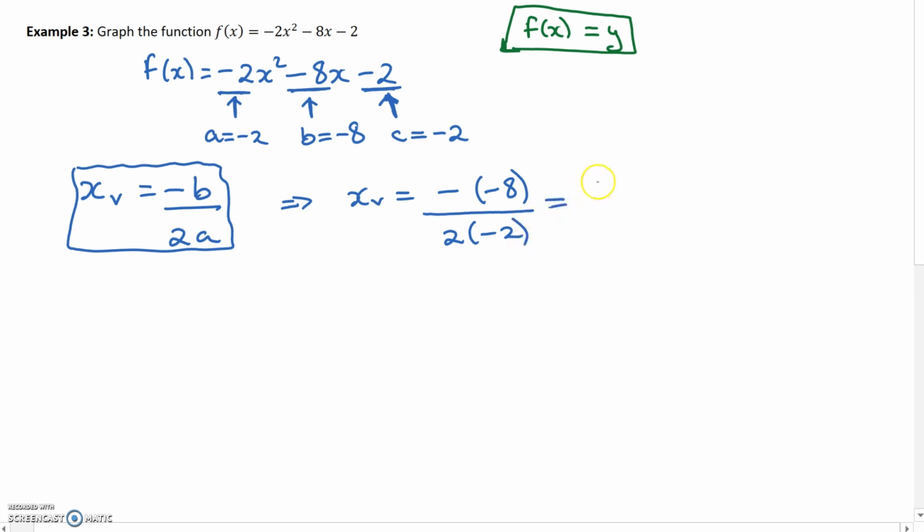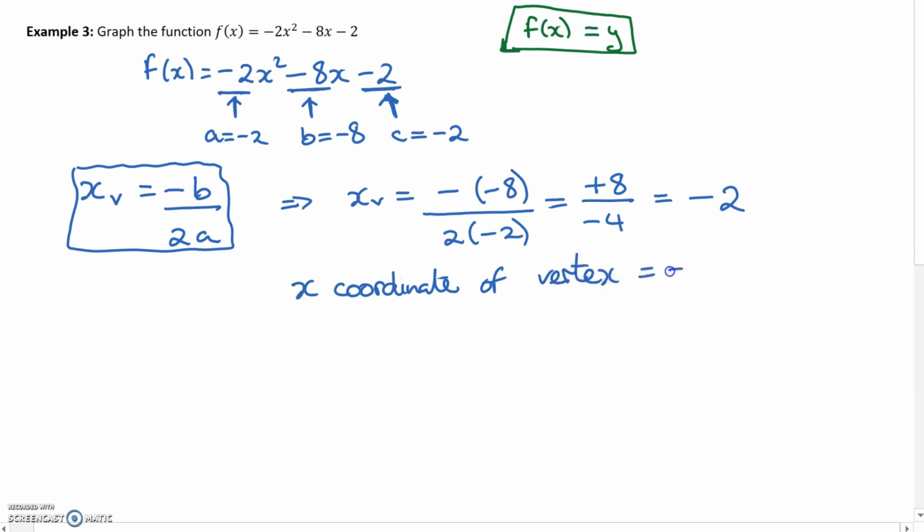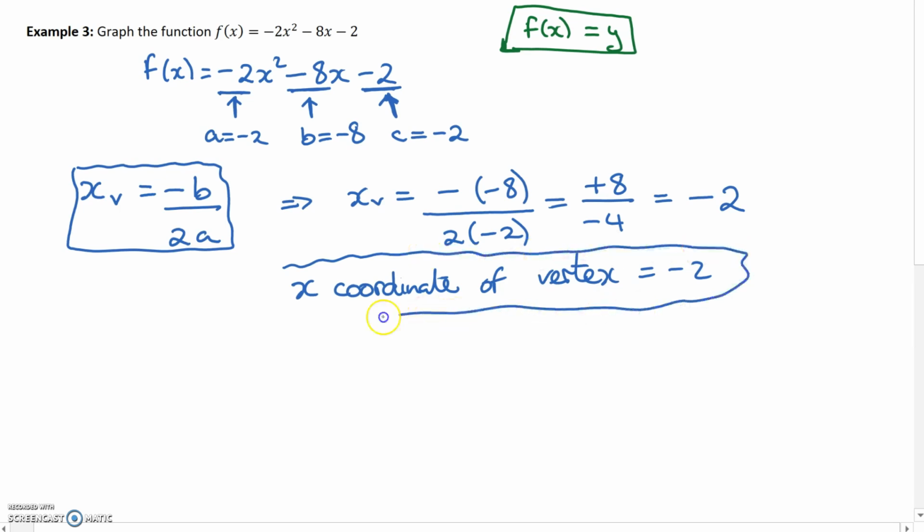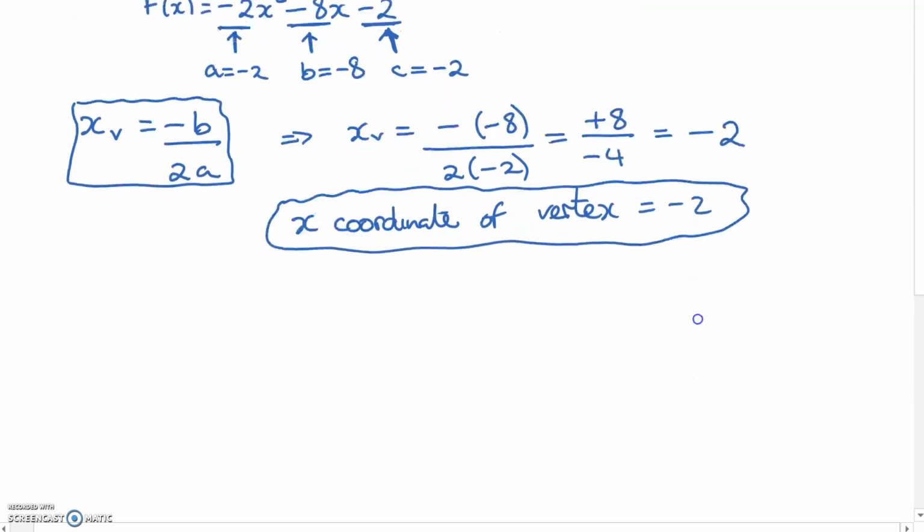Minus 8 is plus 8 over 2 times minus 2 is minus 4. Plus divided by a minus is going to be a minus. 8 divided by 4 is 2. So the x-coordinate of the vertex is negative 2. Okay, so that's the first piece of information that we're going to file away and use soon.